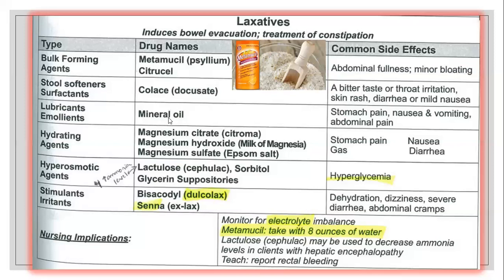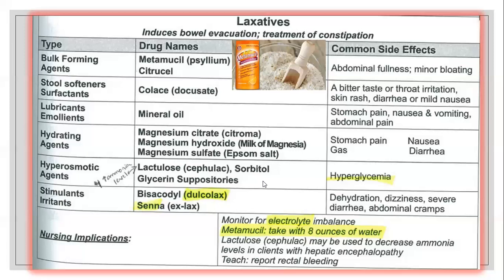Lubricants, mineral oil. Hydrating agents, we can use magnesium citrate, magnesium hydroxide, or milk of magnesia, or magnesium sulfate. Hyperosmotic agents like lactulose or sorbitol, or stimulant irritants, we use senna or bisacodyl.